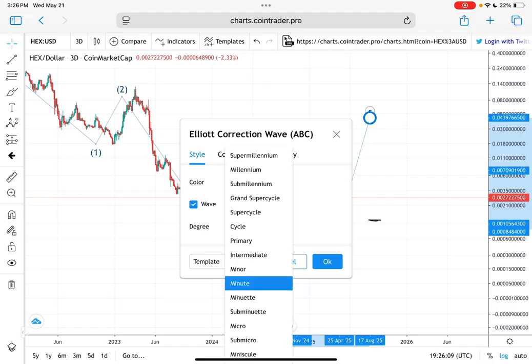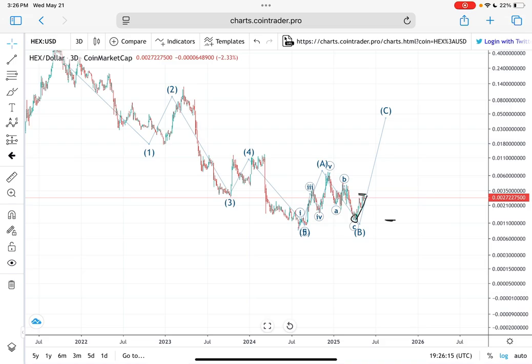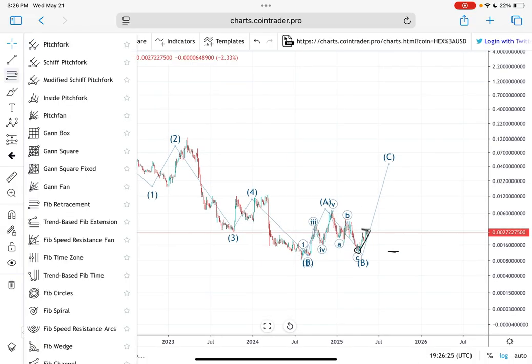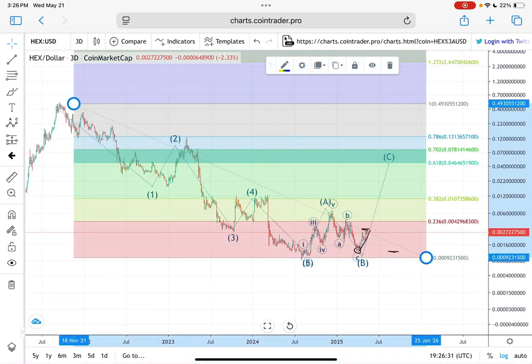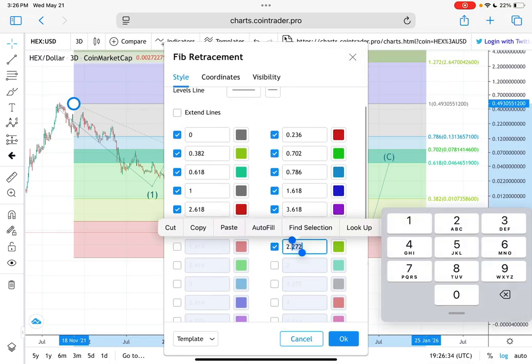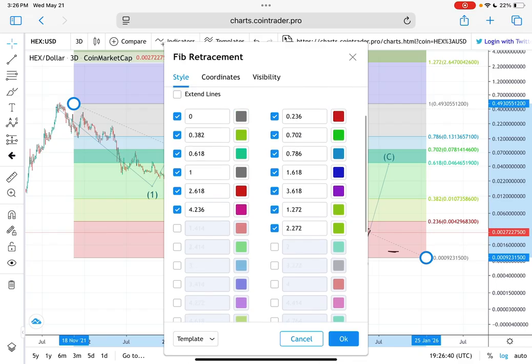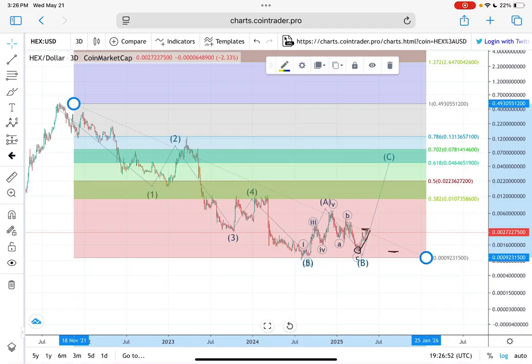Okay, so it would look like this. Okay, now what we can do is you take a fib from this very high down to the low, and it will likely come up towards the 50% fib. So like right here.